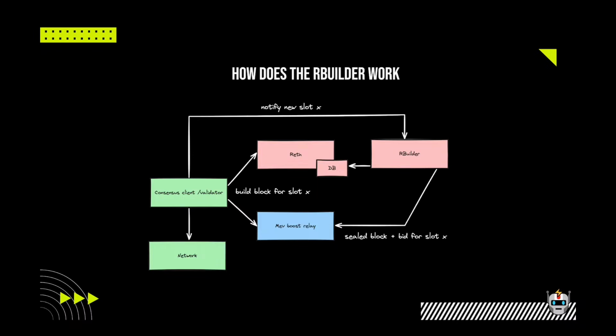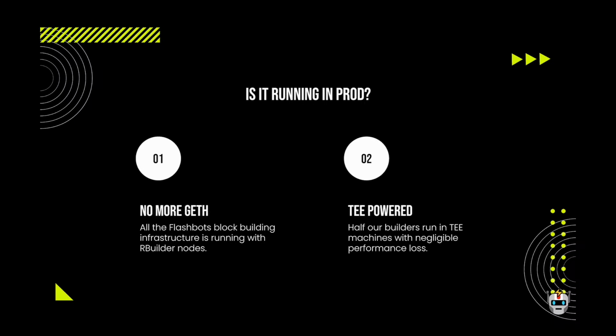So how is it going so far? As of 2 months ago, we don't run any more Go Ethereum nodes. We just deprecated all the Go platform of the block building, and we only use these RBuilders. They're way more efficient than before. And half of them run in this TEE platform. TEE is another angle of Flashbots that I won't go into detail, but if you have more questions, come talk to me afterwards.